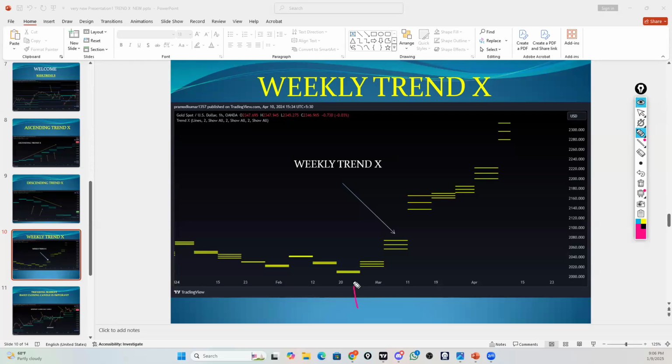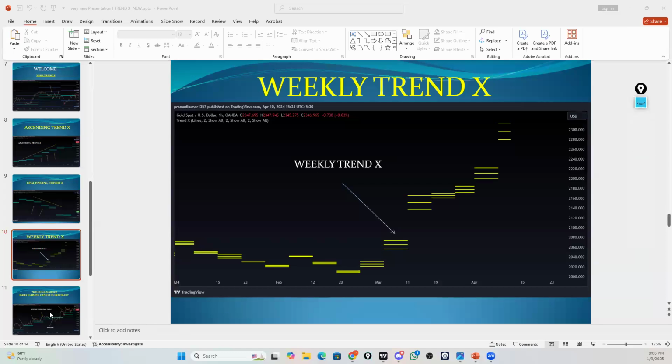Same thing when we see a weekly super narrow, the entire week can be volatile. Now when we see this kind of weekly wide, then the entire week can be sideways. So we should avoid taking the trades for the week. We should just avoid.